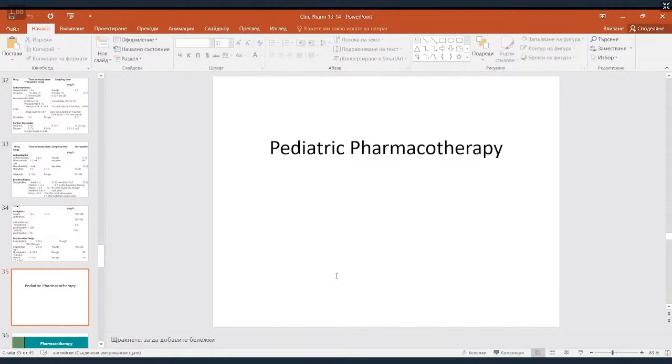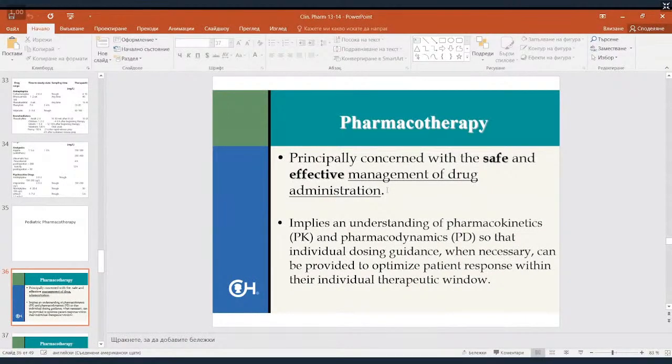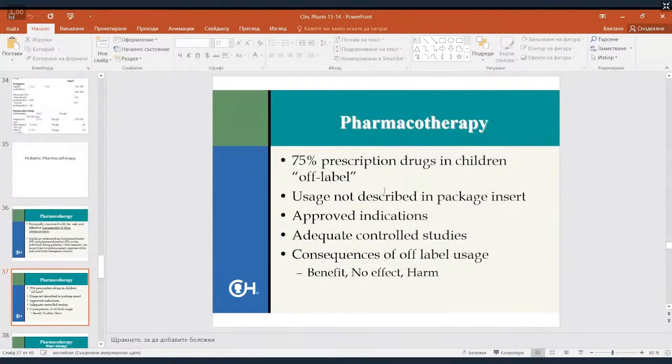The organ systems are still maturing, so sometimes we really need to closely monitor the drug concentrations. Again, the pharmacotherapy in pediatric patients is usually concerned with the safe and effective management of drug administration by maximizing the drug's effectiveness and minimizing the drug's toxicity when it's possible.